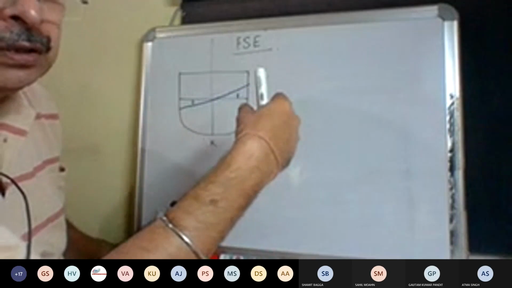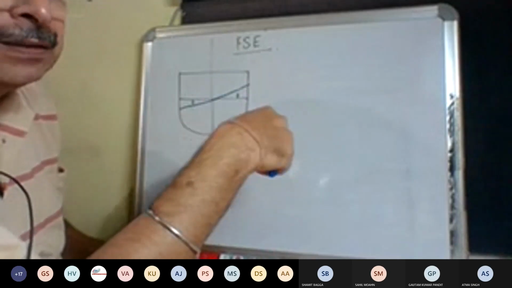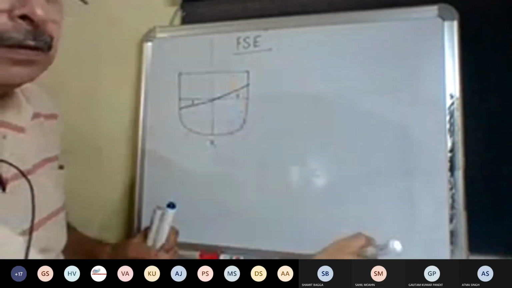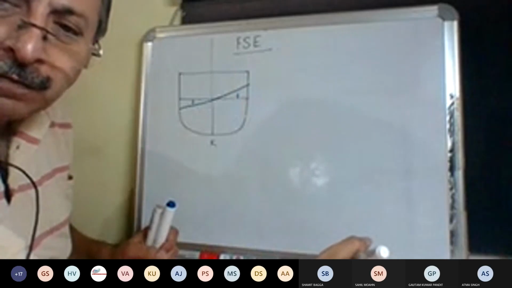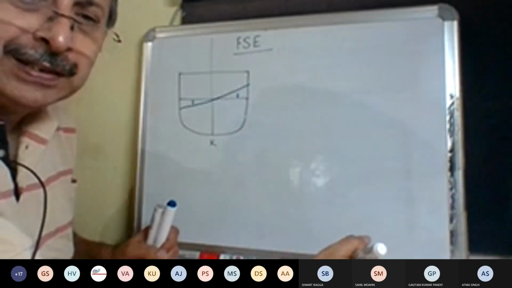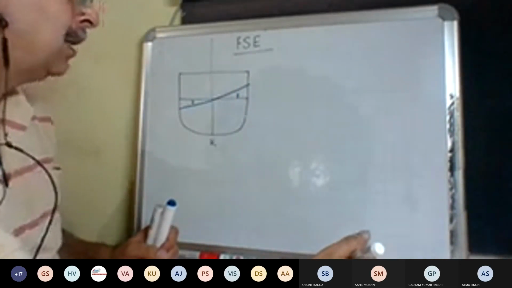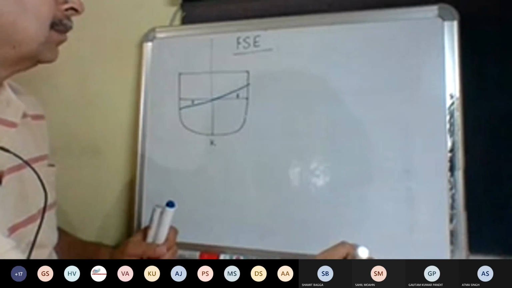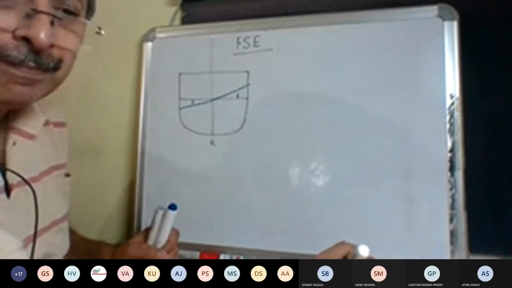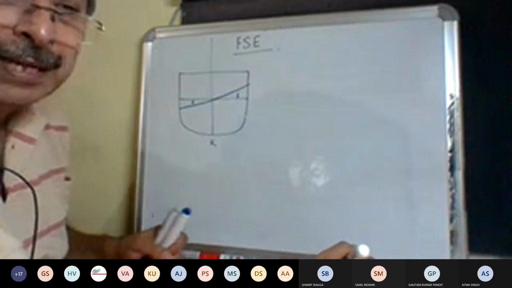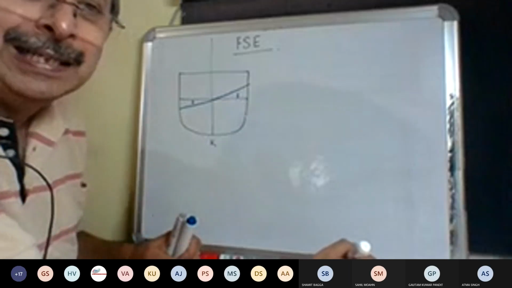If the G rises, the GM will consequently decrease or become less. The metacentric height will decrease.